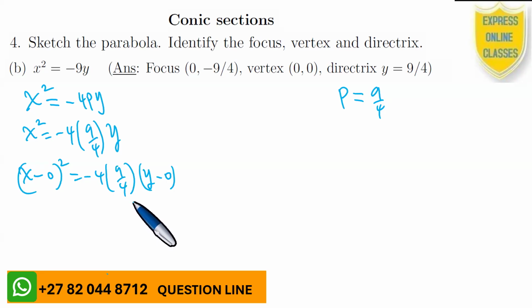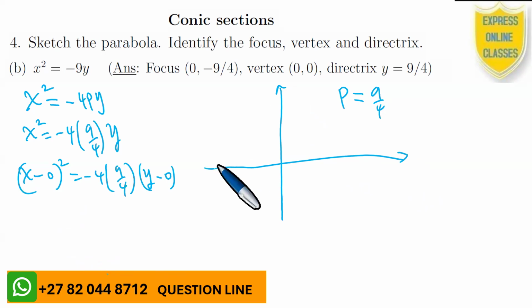Be able to then analyze this and see that we can sketch the graph of this. Because it is x squared that is equal to this, and this thing here is on the negative side, which means that the x squared is on the negative side of the y.